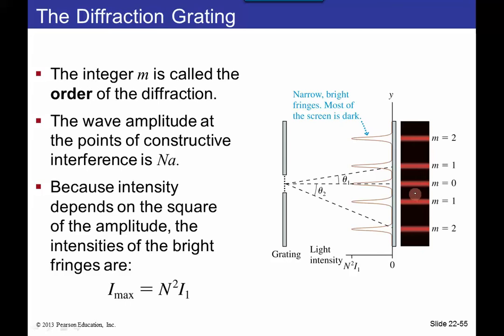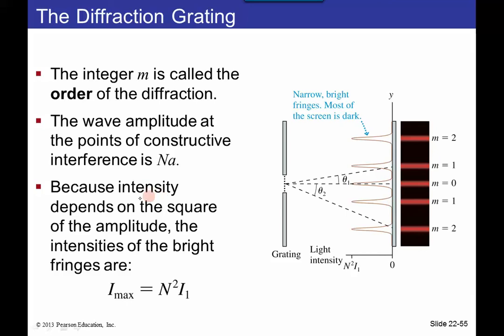And this m is called the order of the diffraction. The wave amplitude at the points of constructive interference is N times A, where N is the number of slits.